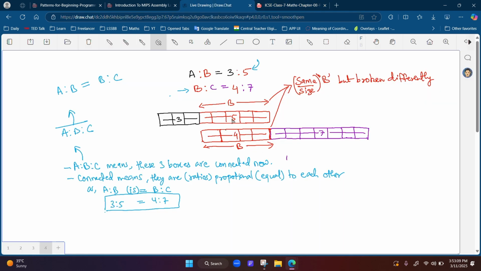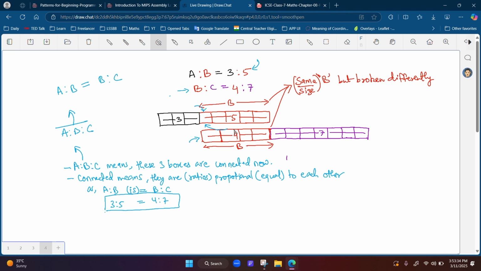Now how do I solve A ratio B ratio C? Now you have to imagine a sort of animation for a moment, because imagine as if I'm trying to take this 4 of B and merging it into here. All 4 boxes will be forced into this one box.